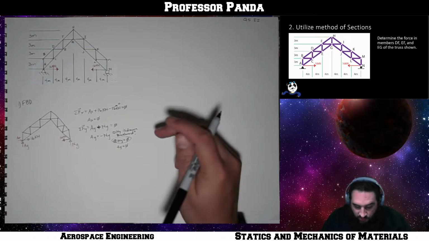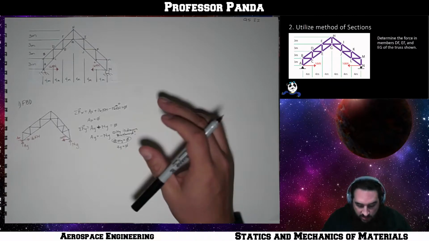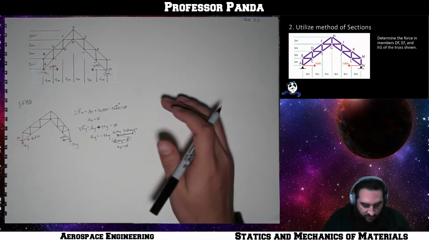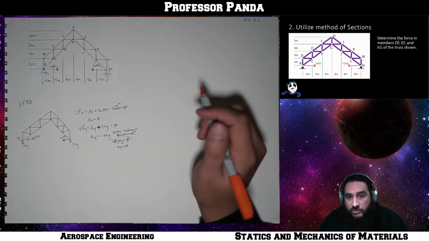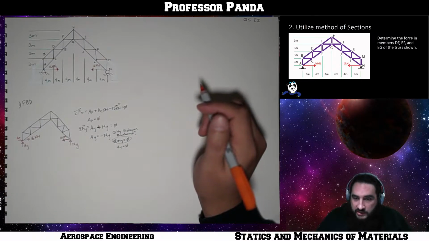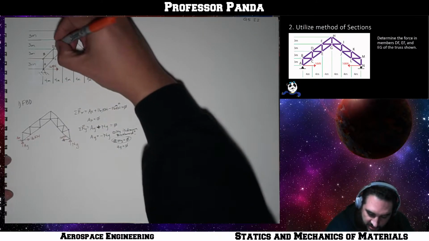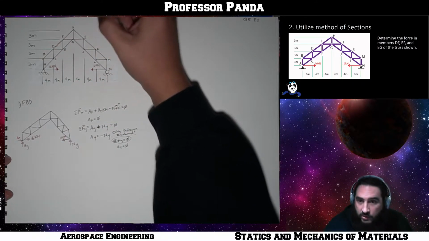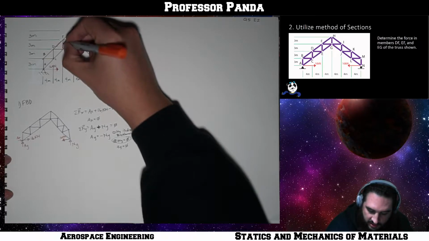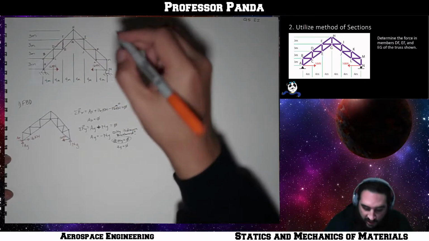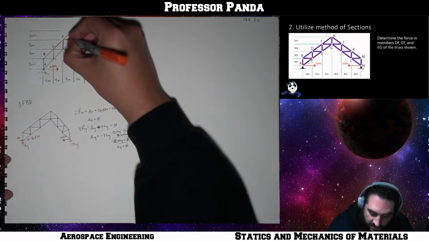Okay, so now that we've got the reaction forces out of the way, let's deal with what the problem is asking us for. Returning to the question, we want DF, which is this member. We want EF, which is this member. And we want EG, which is this member.